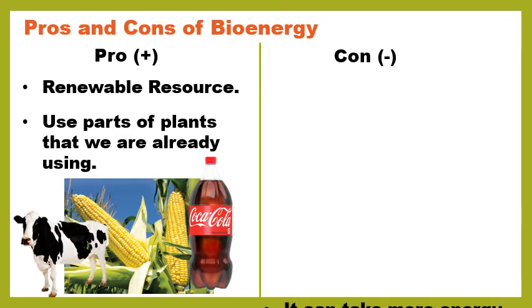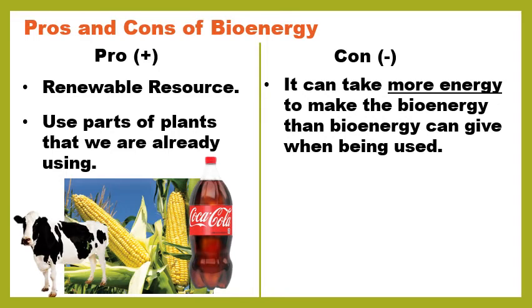All right, cons are it can actually take more energy to make the bioenergy than the bioenergy can give when being used. Meaning, if we're going to grow corn, we're going to use way more energy and resources to actually grow the corn. Think about growing things. You need water, you might need fertilizer, you need sunlight, and we're not going to get that energy back when we burn the corn.